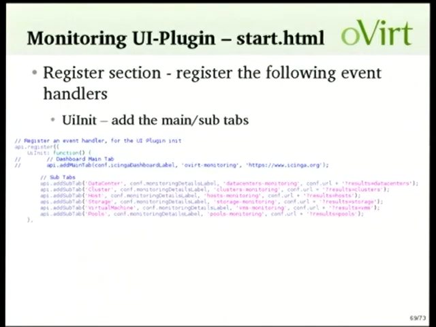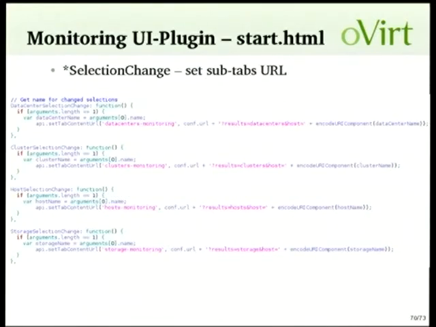For the actual code, with api.addSubTab, I'm adding the subtabs for data centers, clusters, hosts, storage domains, and so on, and sending a GET variable to the CGI scripts so that the scripts are aware of what type of result should be displayed. If you select another data center or another host, it's done with the data center selection change option, for example, which passes the name of the new data center to the CGIs.